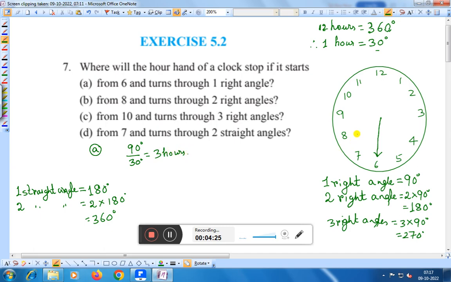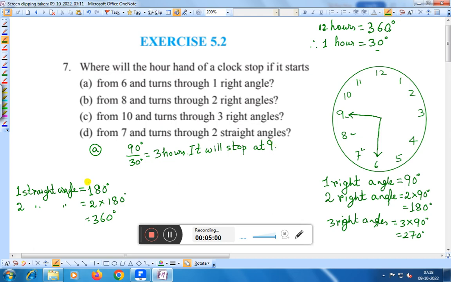From 6, after 3 hours, 7, 8, 9. That means the hand of the clock will be at 9. So where will the hour hand stop if it starts from 6 and turns through one right angle? It will stop at 9, right?